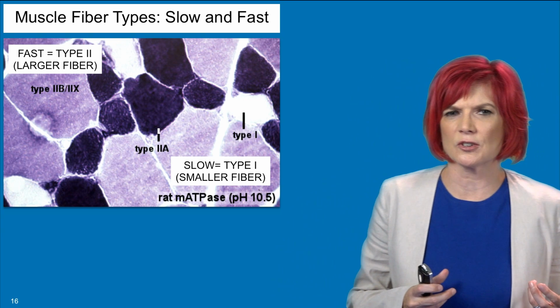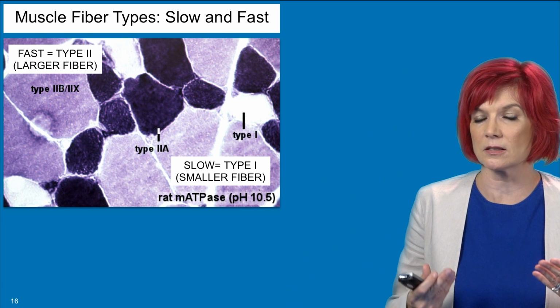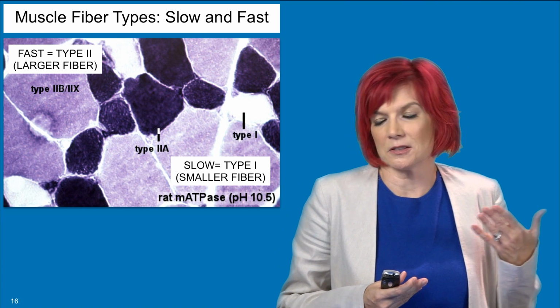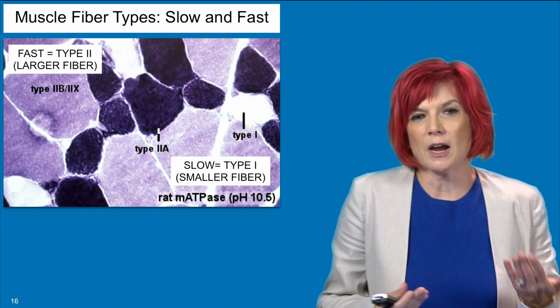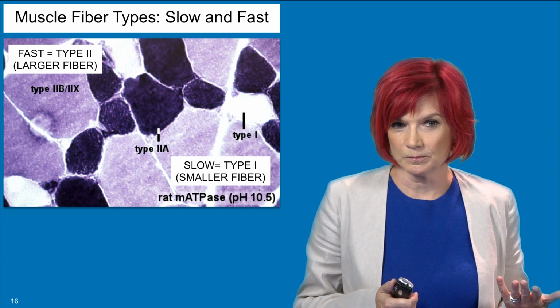In addition to those other characteristics, slow and fast fibers actually express different myosin subtypes. And we refer to those as the slow myosin heavy chain and the fast myosin heavy chain. And those myosins have different properties in the actin cross-bridge cycle.